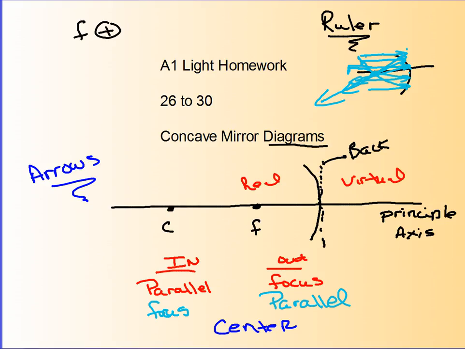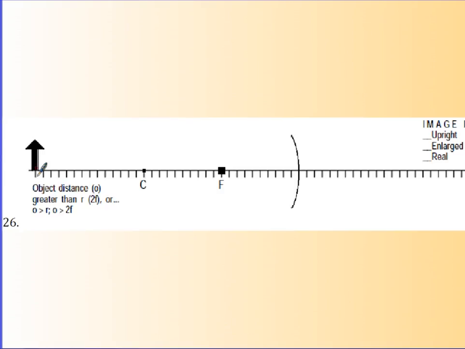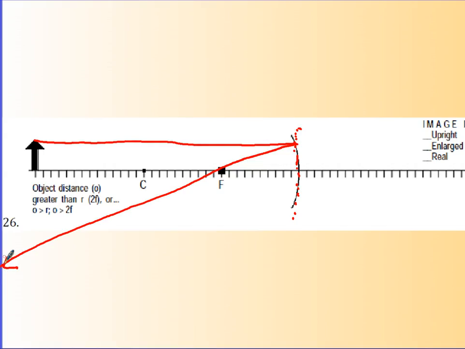Now let's do a few. All right, here my object distance is greater than 2f. So we're going to put it in the back of the mirror here. It's going to go in parallel, and bounce off through the focus. See, I'm putting my arrows.